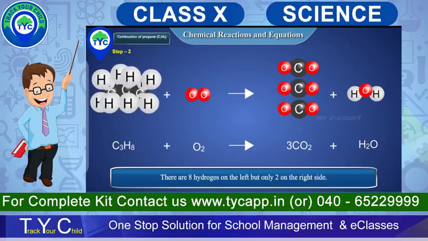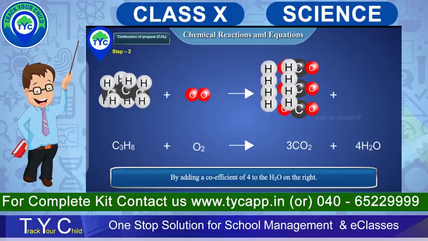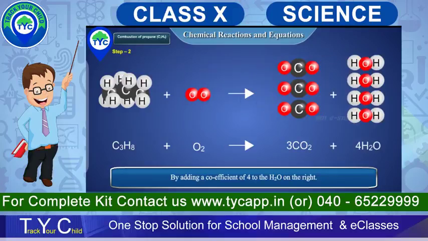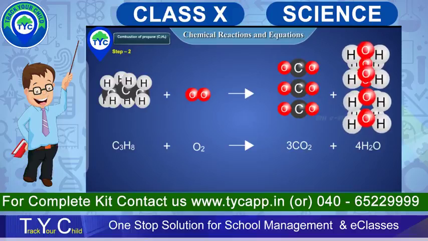There are 8 hydrogen atoms on the left, but only 2 on the right side. By adding a coefficient of 4 to the H2O on the right, the hydrogen atoms get balanced. C3H8 plus O2 gives rise to 3CO2 plus 4H2O.